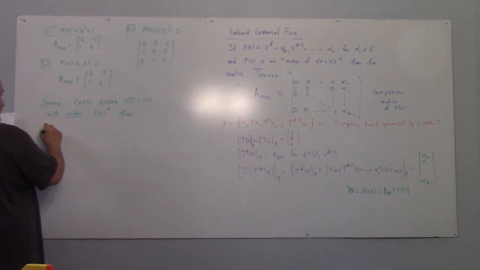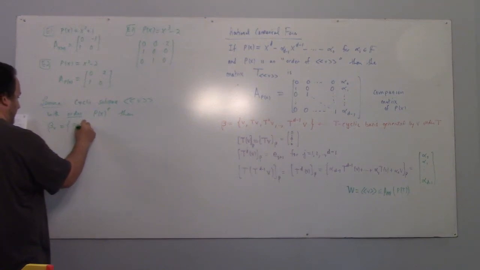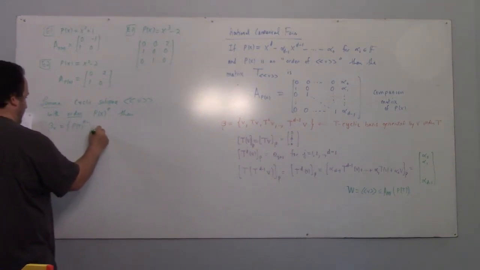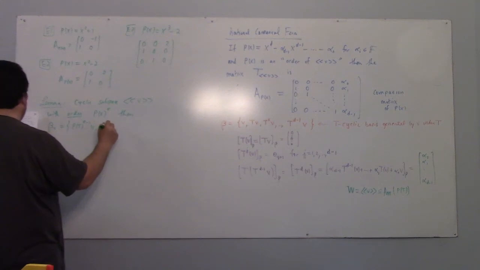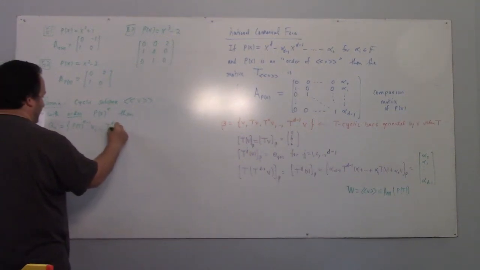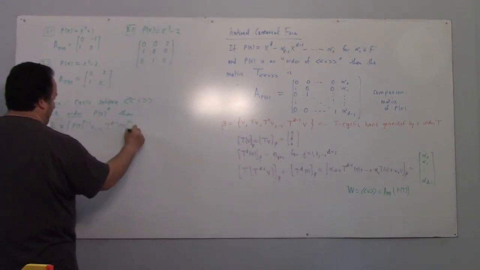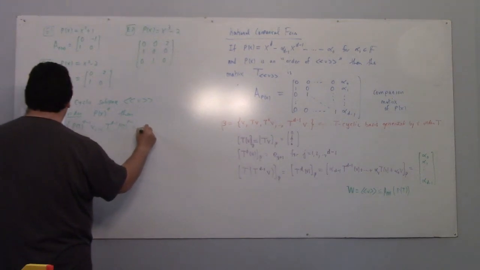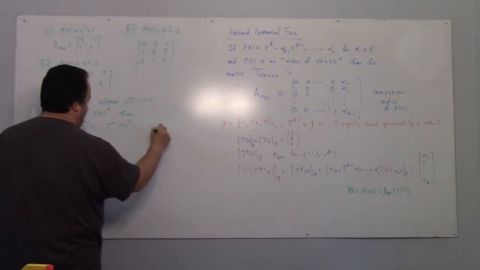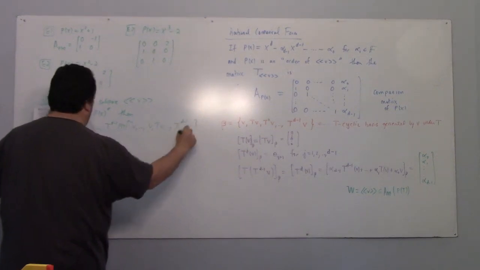Then you can make your basis for V look like this: p(T)^(e-1) acting on V, all the way up to T^(d-1) p(T) acting on p(T)^(e-1) V, and then that just keeps going until eventually it gets to V, TV, up to T^(d-1) V. I know it's kind of a mess.